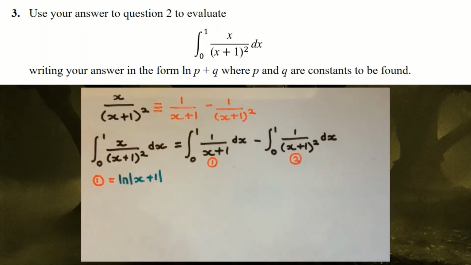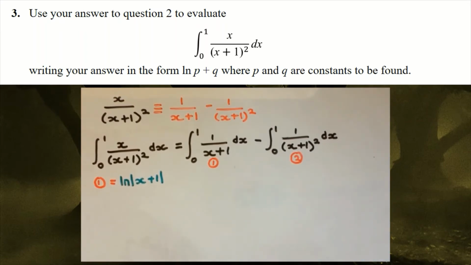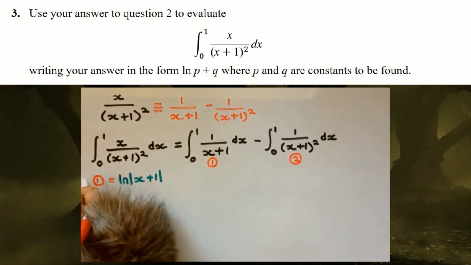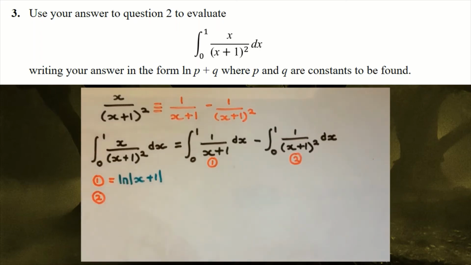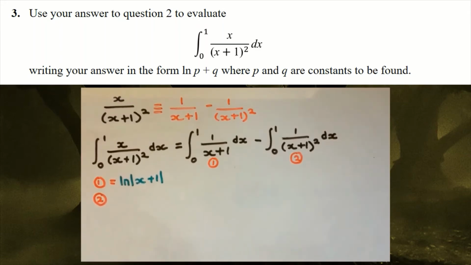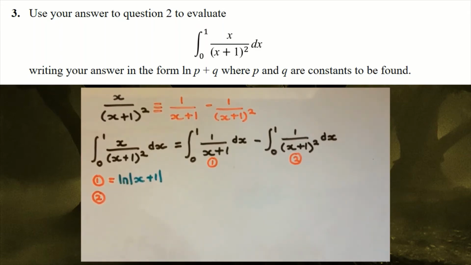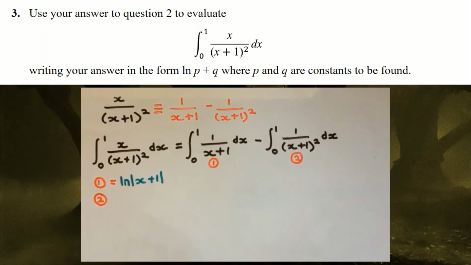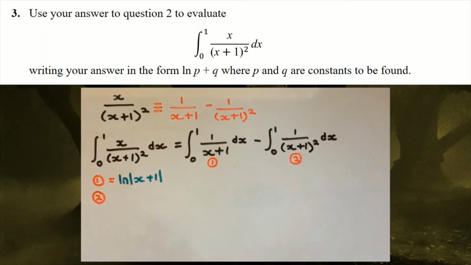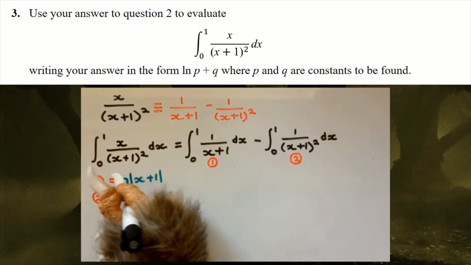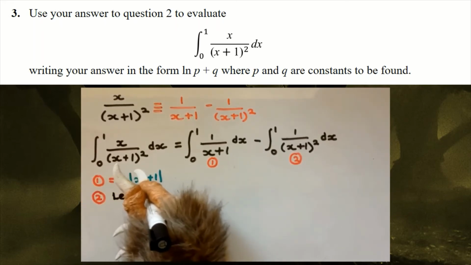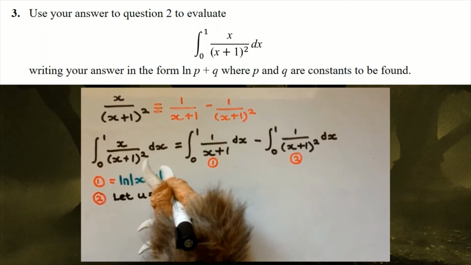Integral 2 is slightly different. For integral 2, we don't have a derivative over a function, so it fails that test. So I'm going to use a u substitution here. Let u equal x plus 1.